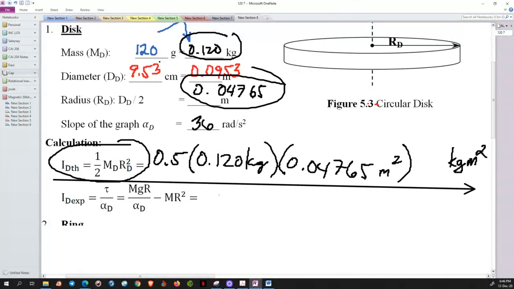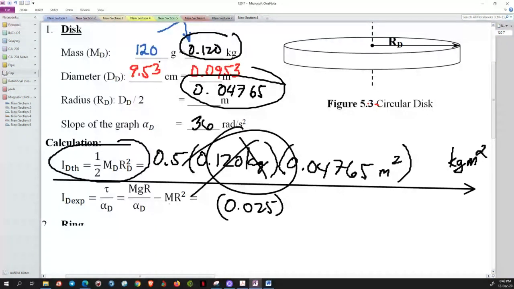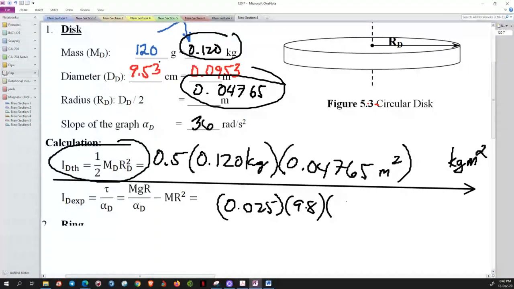So let's go by theory. Mass 0.025. Not this one. Why? Because here the applied mass is causing rotation. Multiplied by gravity 9.8 meter per second squared, multiplied by radius of the pulley 0.0238.